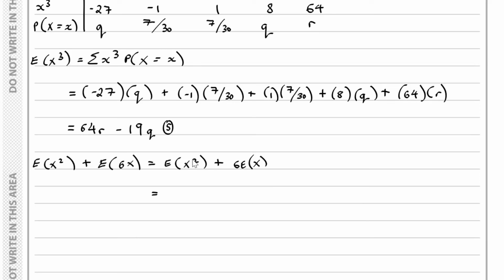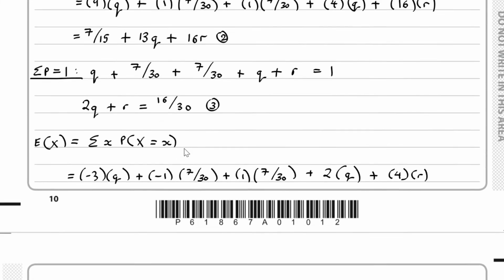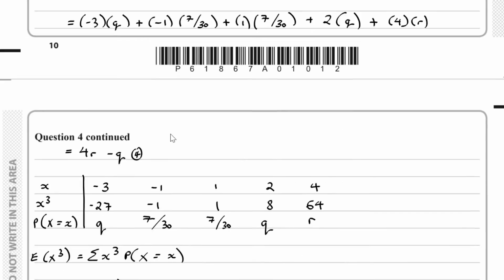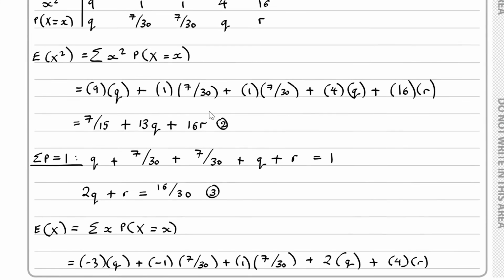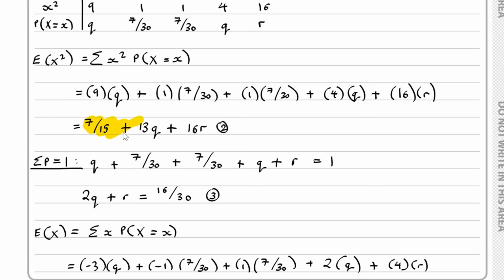So this thing over here we've just worked out over here, that was 7/15 plus 13q plus 16r. So this thing corresponds to this thing, which is what we worked out over here.